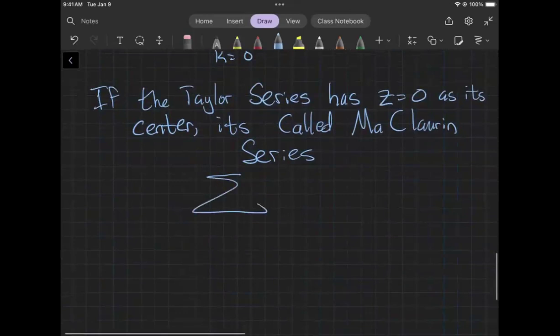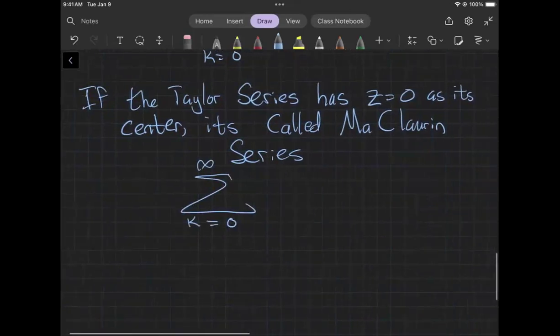And a Maclaurin series basically looks like this: the kth derivative at 0 over k factorial times z to the k power. All right, so this is what's called a Maclaurin series.